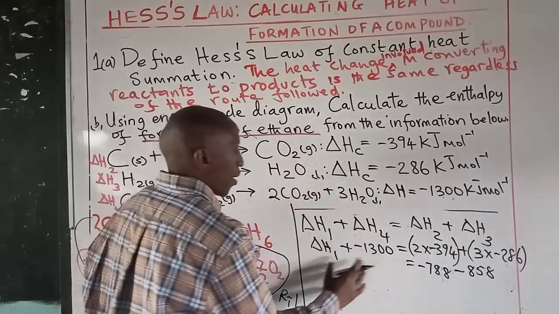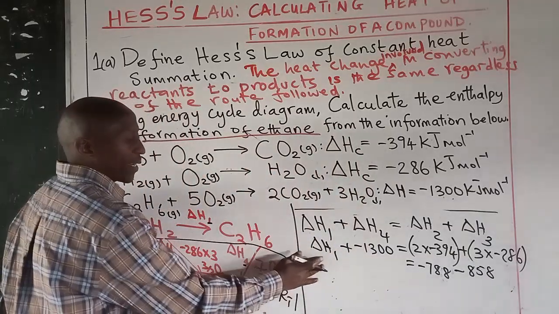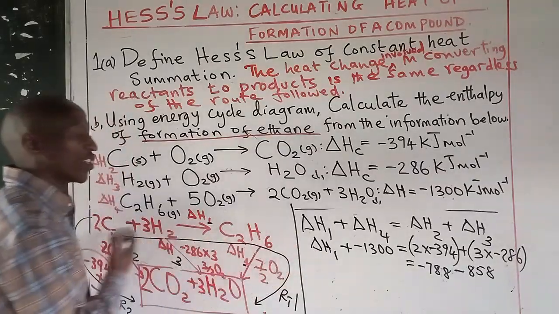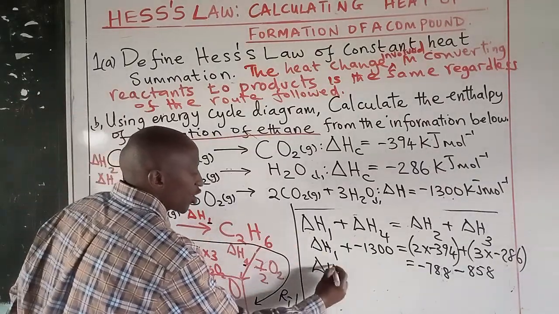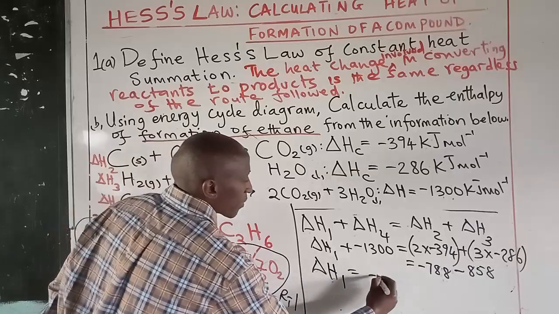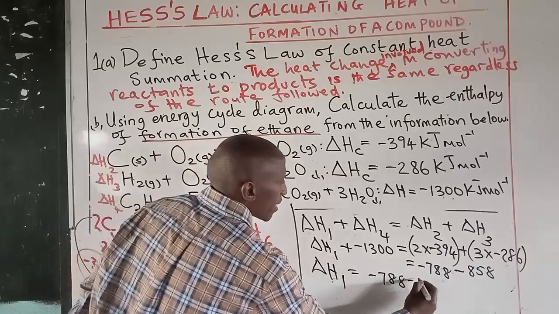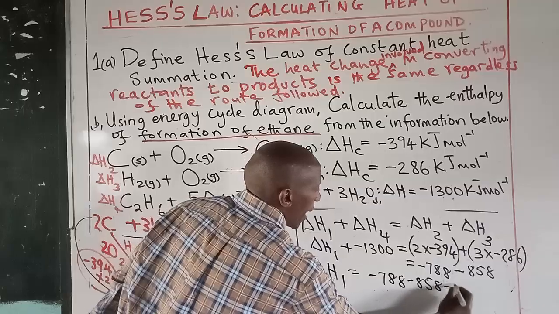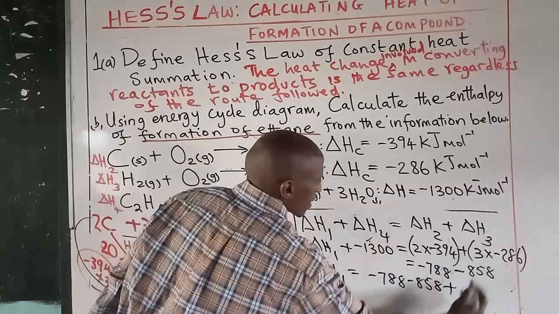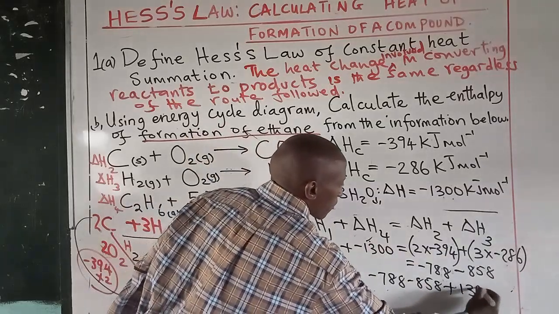And then we make H1 stand on its own side. So delta H1 now becomes negative 788 minus 858 plus, taking this to the other side, 1300.